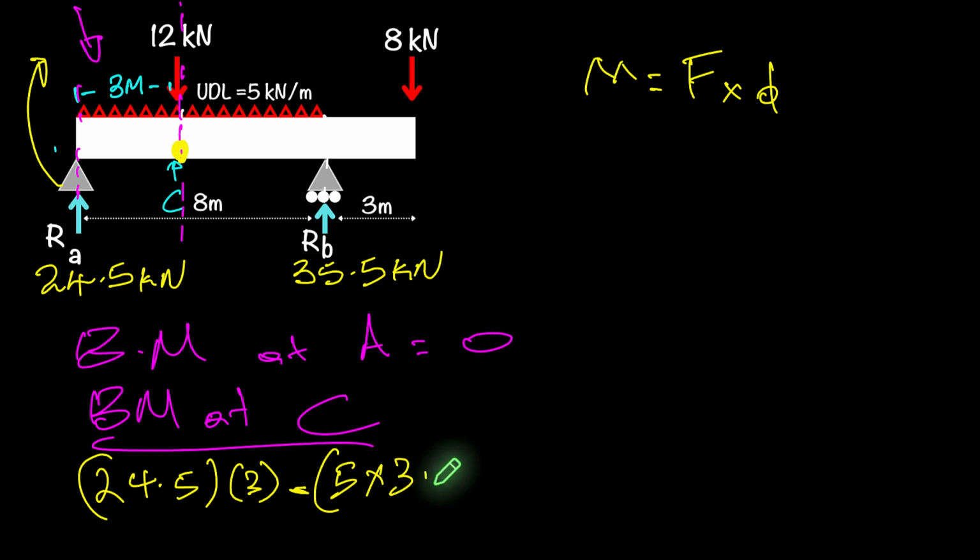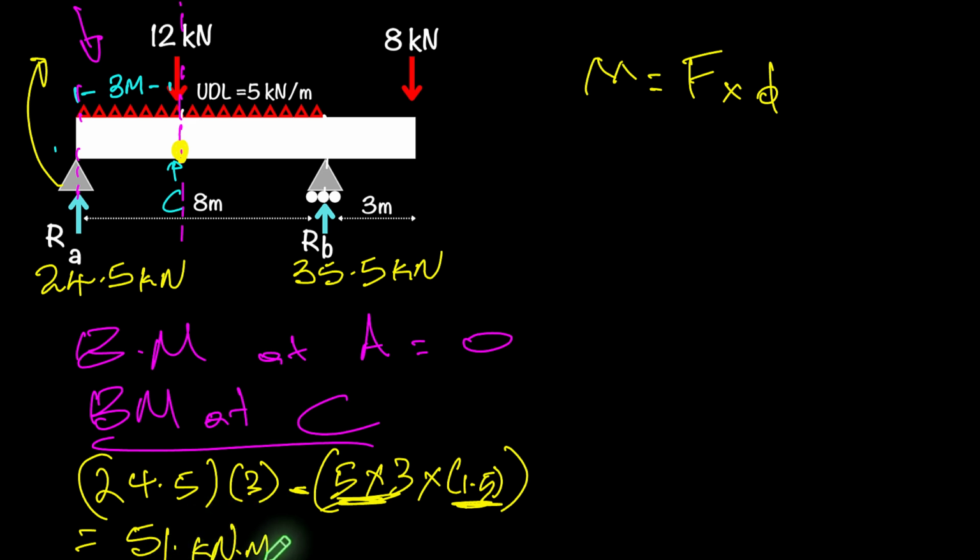And then I'll have to multiply that by half the length, which is going to be 1.5, so half of 3. So this first bit is 5 times 3, which is the UDL converted as a point load, and that 1.5 is the placement of that point load. And that's going to give me a value of 51 kilonewton meters for my UDL.